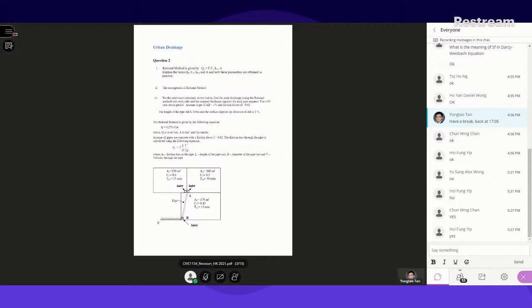You need to determine the peak discharge to inlet pit A and inlet pit B, size the pipes, and find the discharge capacity for each pipe segment. Very easily, we need to use the rational method for these questions. Now I can show you the solutions.